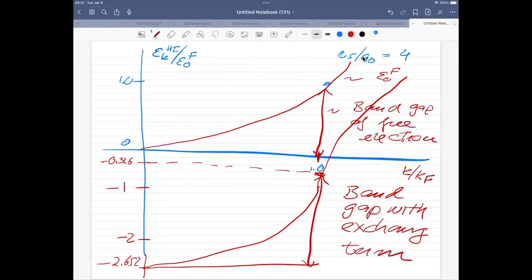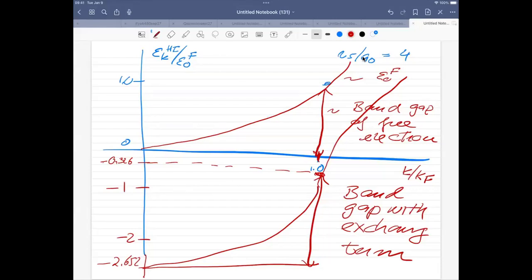Now, what does this mean actually? This band gap shows the spread between the maximum and the minimum values in the band of the states up to the Fermi level. And this band gap is something which we can relate to experimental values. What we see now is that the exchange term does reduce the band gap from the free electron case.